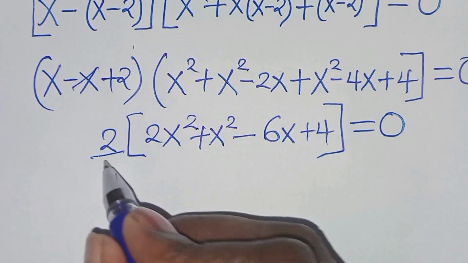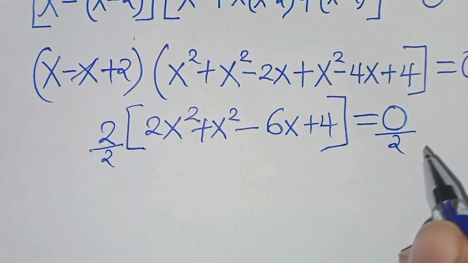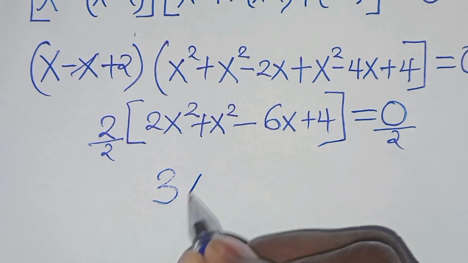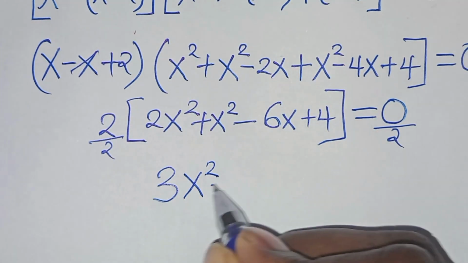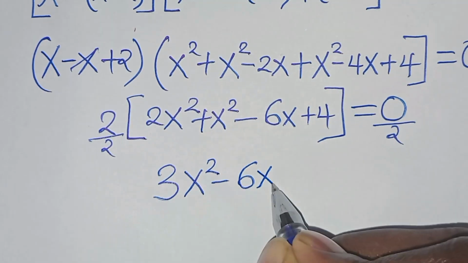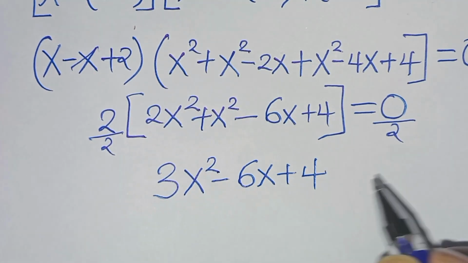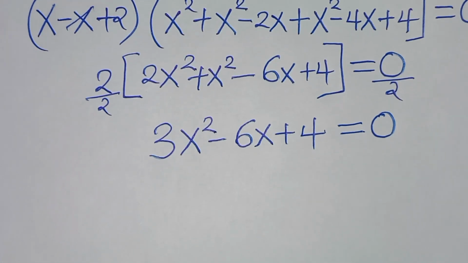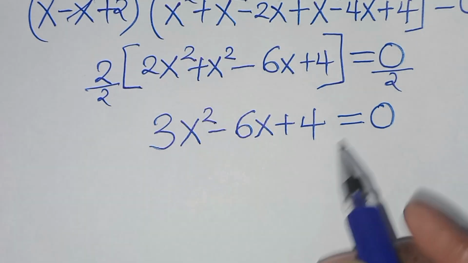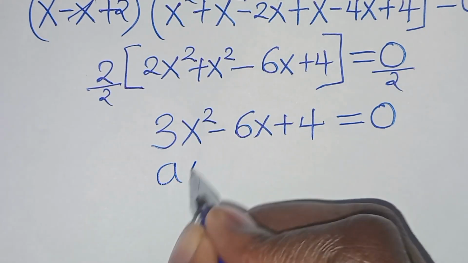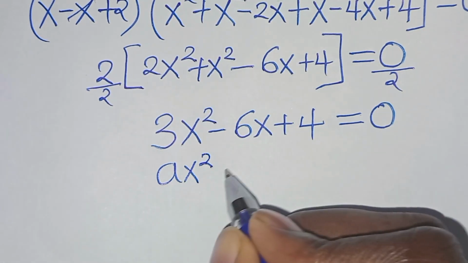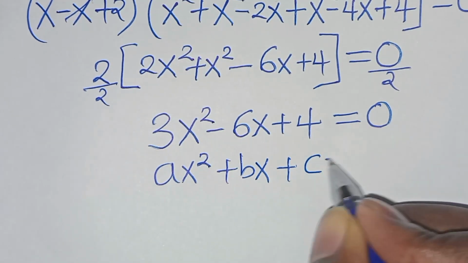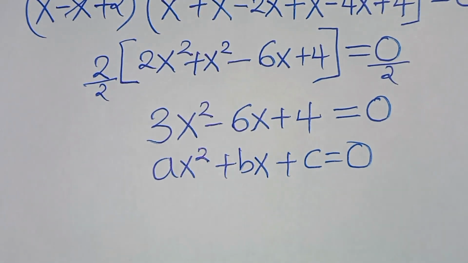So let's divide both sides by 2 from here, so that now 2x squared plus x squared, this is 3x squared minus 6x plus 4, this is equal to 0. Now, this is the quadratic equation of the form ax squared plus bx plus c, this is equal to 0.